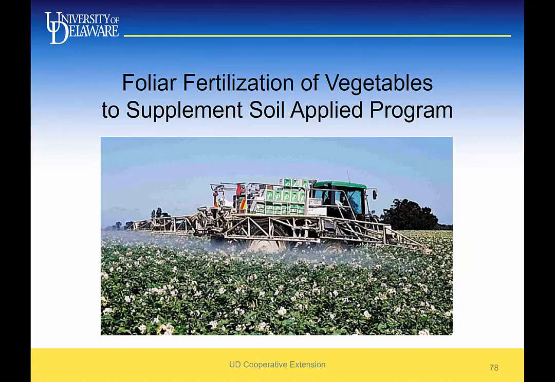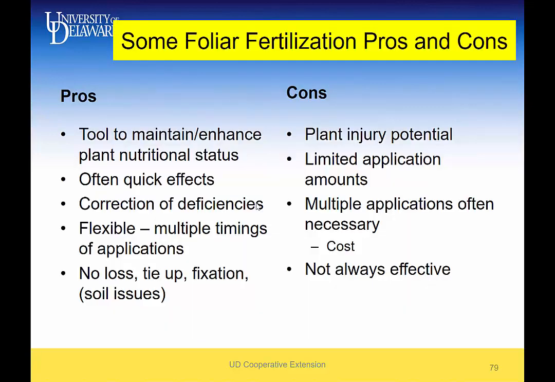All right, so I wanted to end with just a talk about foliar fertilization, because there's a lot of misconceptions out there about it, and we have to correct some of these deficiencies with foliar fertilization. The advantages of foliar is that we can use it to maintain or enhance our plant nutritional status. We'll often get quick effects.